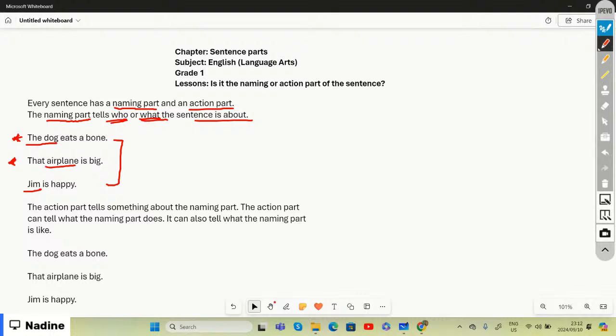So if we were to ask ourselves who or what that sentence is about, then we can say that sentence is about the airplane because it's telling us how big it is. And the next one says Jim is happy. Who or what is that sentence about? That sentence tells us about Jim and it's telling us that Jim is happy.